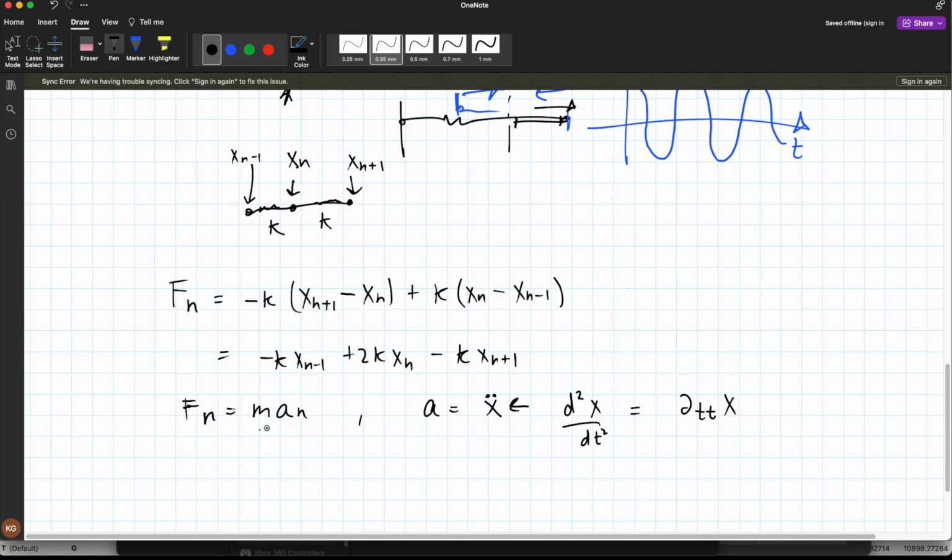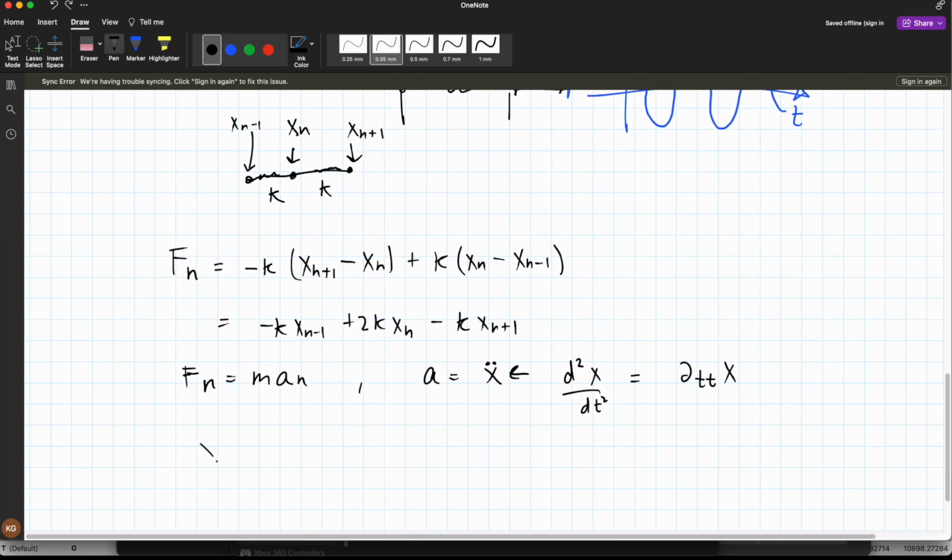And this is m a_n. So let's put this x double dot in for the a. We get x double dot, the acceleration of the nth spring, times the mass is equal to, actually let's put the k out front, k times minus x_{n-1} plus 2x_n minus x_{n+1}.